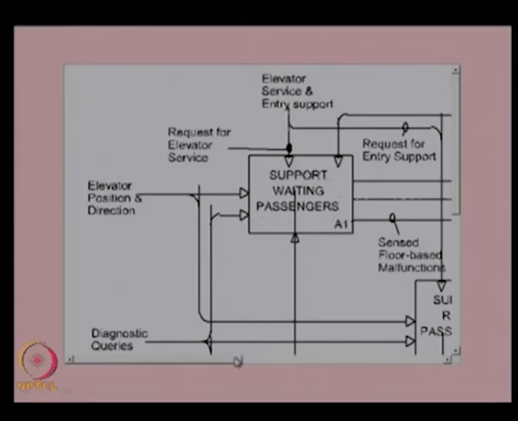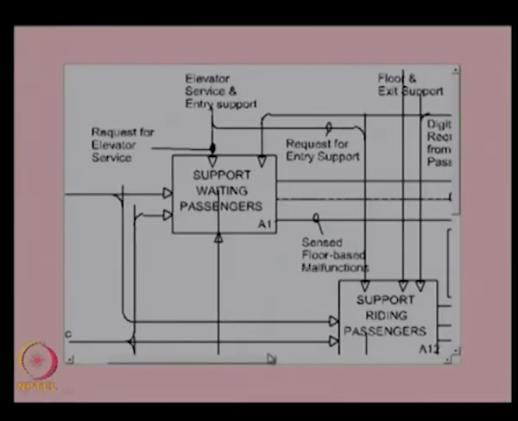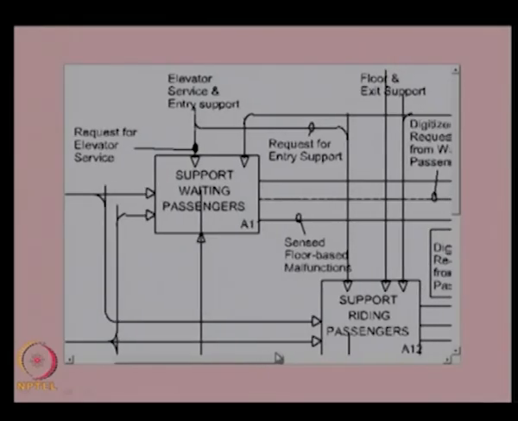Basically the waiting passengers need to know where the elevator is and where it is moving, and what the status of the elevator is, whether it is in working condition, in service mode, under breakdown, or going to serve the passengers. That information needs to be processed here and given as an output to the passengers.